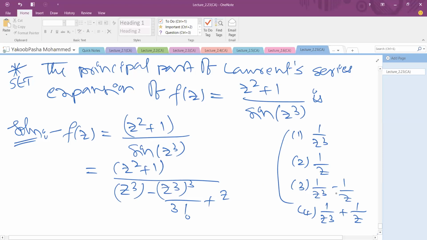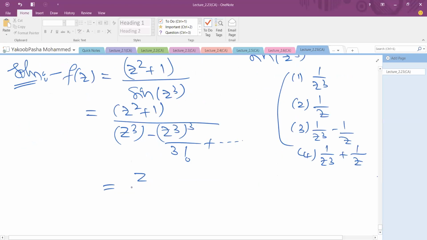So this is equal to actually z square divided by these terms, z cube minus z power 9 by 3 factorial plus and so on.